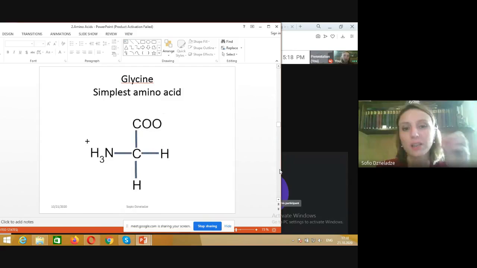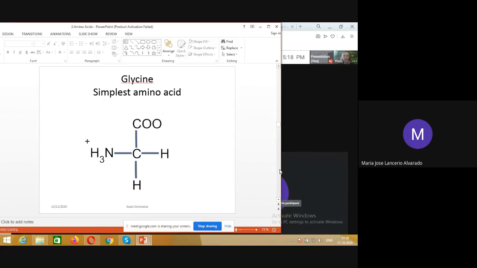Okay, Maria. Now let's characterize the simplest amino acid, known as glycine, please. So glycine only has an amine group, a carboxyl group, and as a side chain, it only has hydrogen.